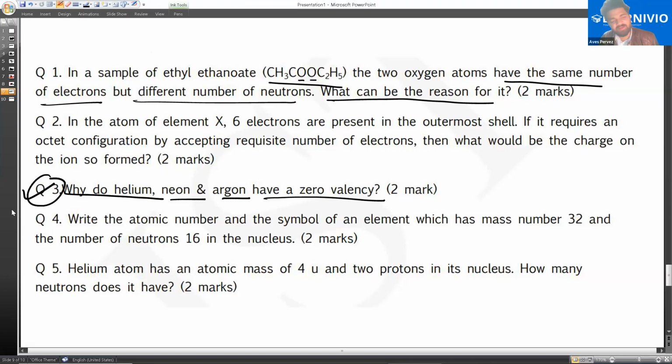And note down this question number 3 fast. Are you writing this one, Sarah?